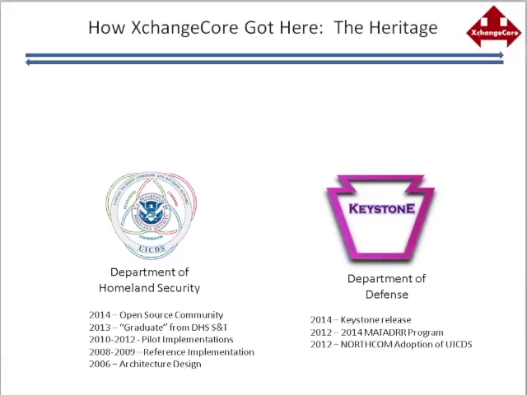So 2006, some architectural design. There's a significant period of time for a 2-year development project where we built a reference implementation and a couple of years of pilot implementations. Graduation last year from DHS Science and Technology, and then throughout this year, been operating as part of this open source community driven by the private sector.